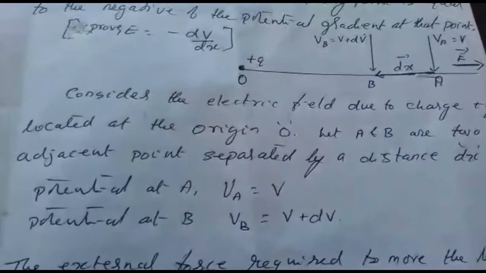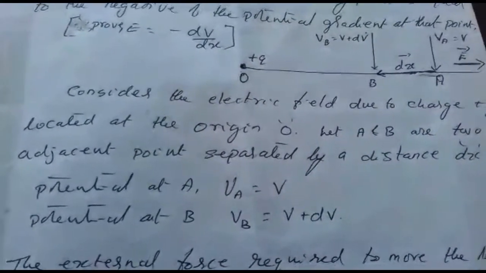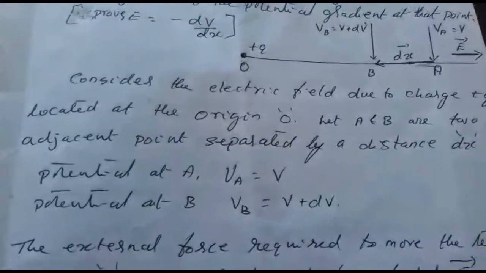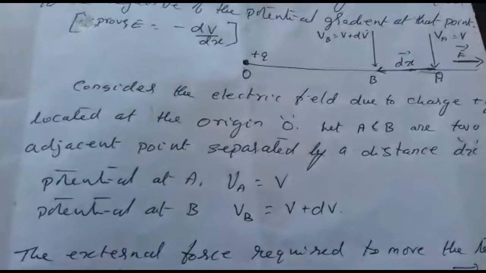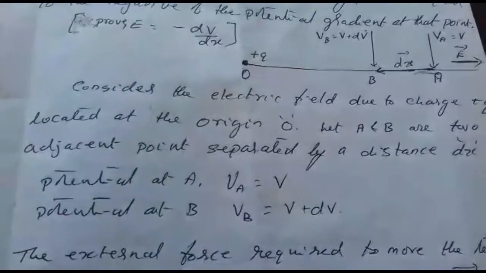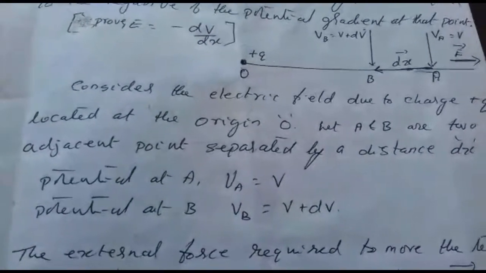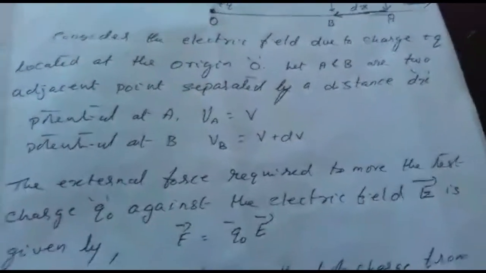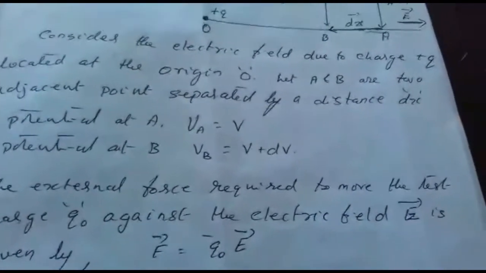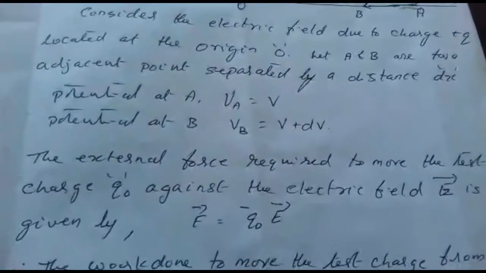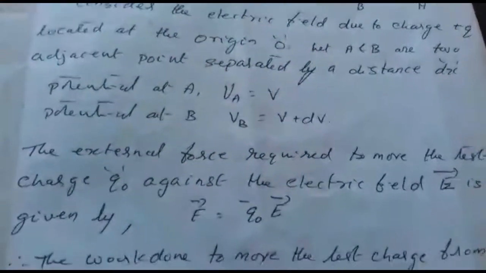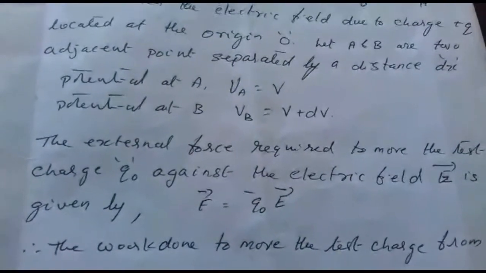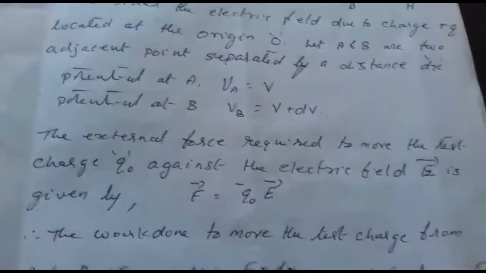When a test charge is placed at A, then the electric potential at A, Va is equal to V, potential at B, Vb is equal to V plus dV. The external force required to move the test charge Q0 against the electric field E is given by F is equal to Q0 into E.